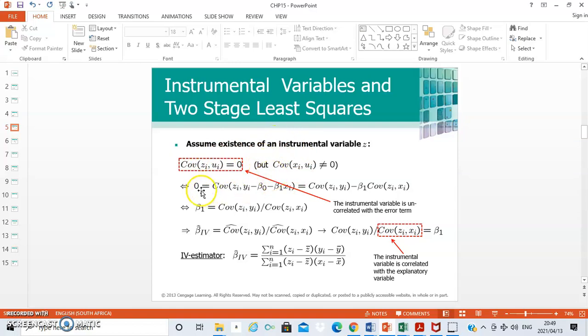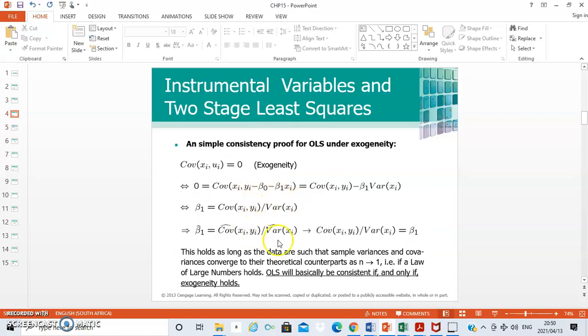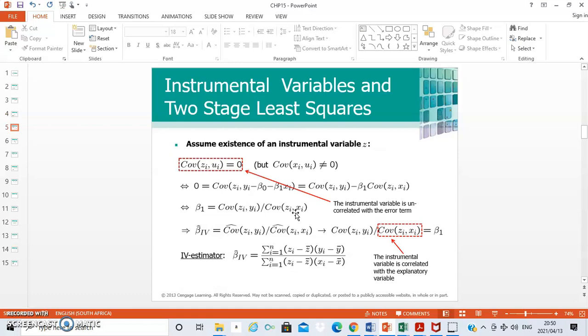Why? Let us follow the same principle to derive the consistency. What we've shown here is that for as long as there's exogeneity, with no covariance between the explanatory variable and the error term, OLS will be consistent and unbiased. So now in this case, we can prove that.